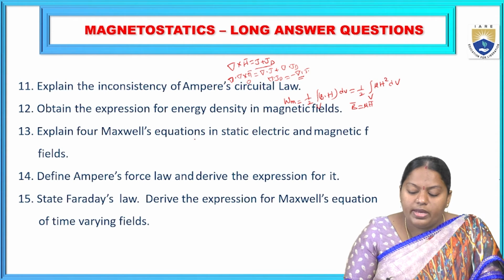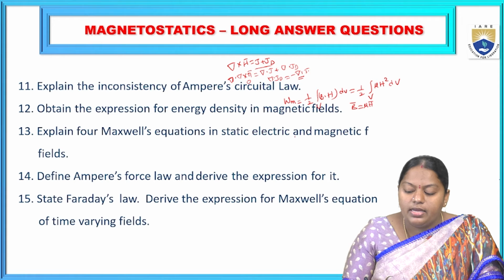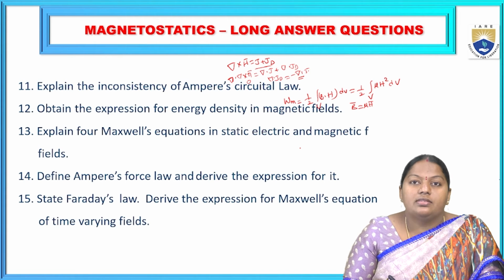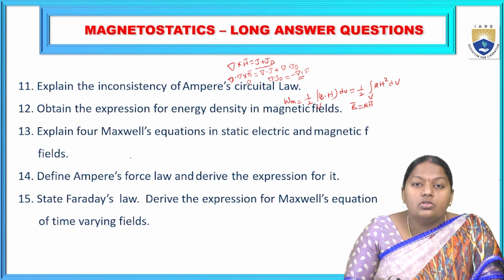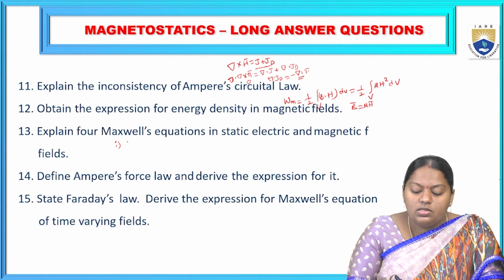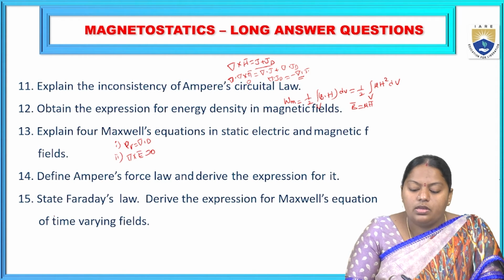Then, explain the four Maxwell's equations in static electric and magnetic fields. Right? So in the electrostatic fields, we have two Maxwell's equations. One is from Gauss law, that is rho V equal to del dot D, and the second Maxwell's equation in electrostatic fields is del cross E bar equal to 0.